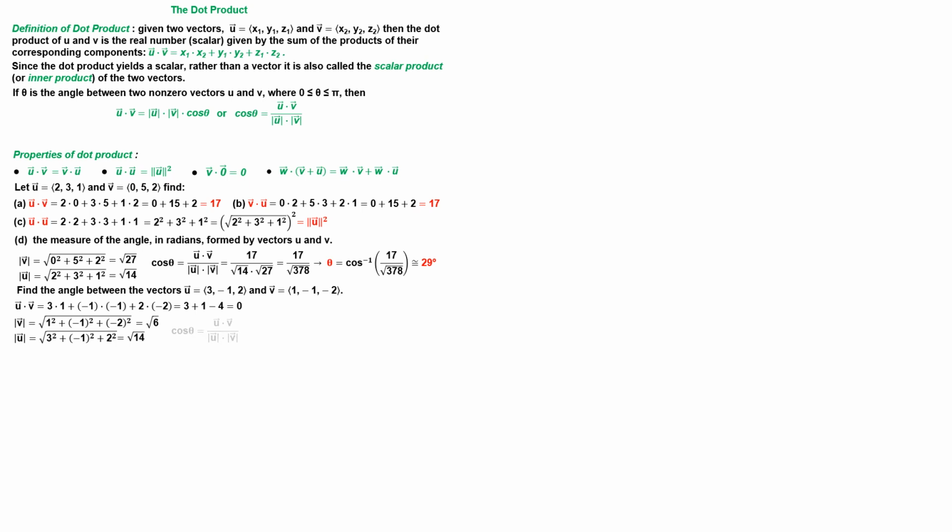Finally, we can determine the angle we are looking for.